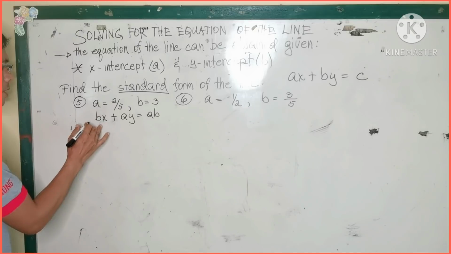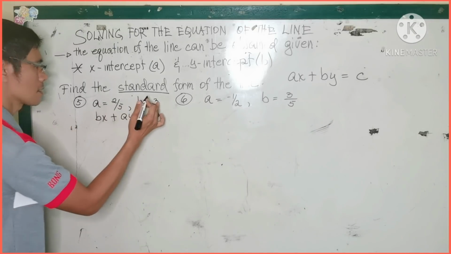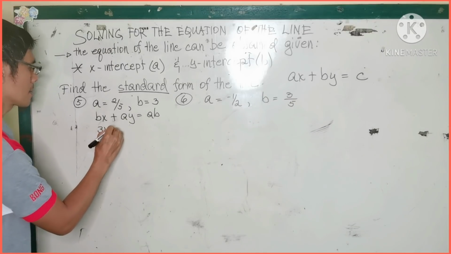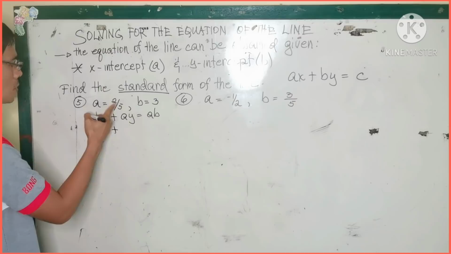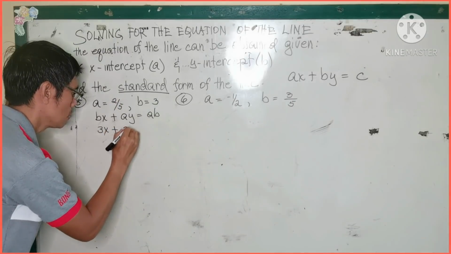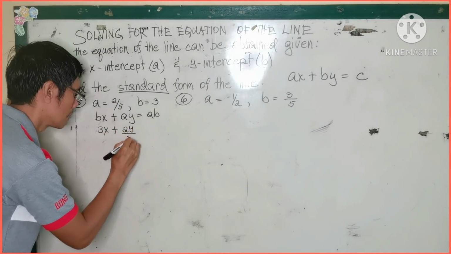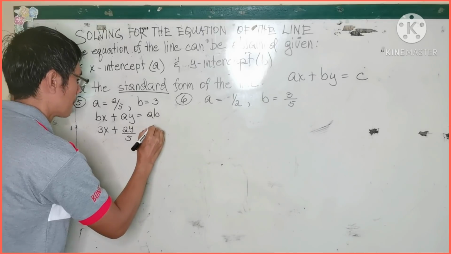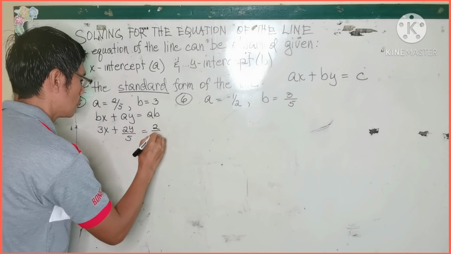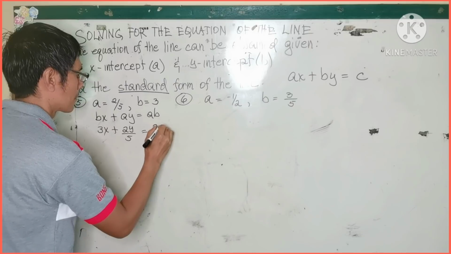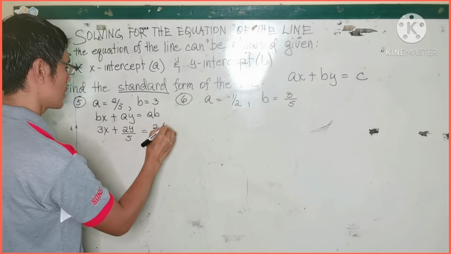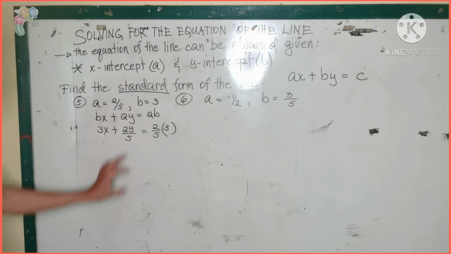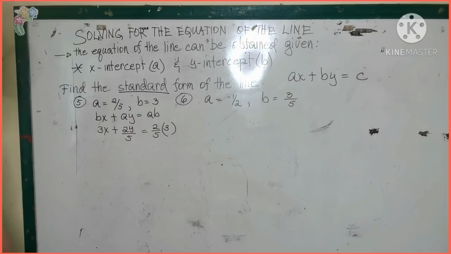Substituting, the value of b is 3. So we have 3x plus our a is 2/5, so that is 2y over 5, equals a, which is 2 over 5, times our b, which is 3. Okay, let us simplify c first.